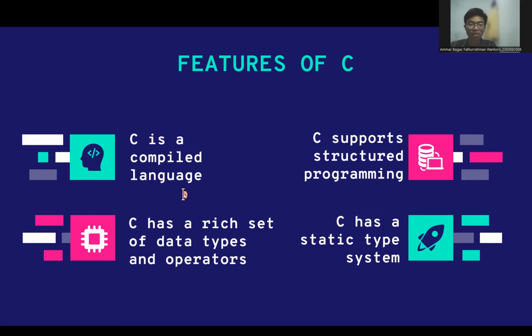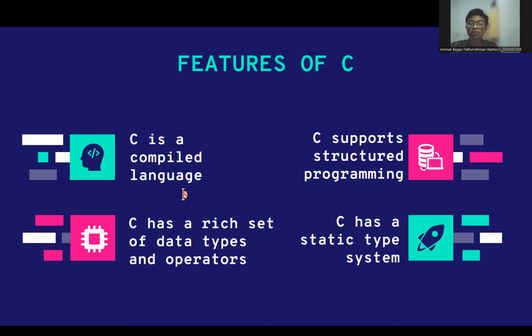Next, C has a rich set of data types, including integers, floating point numbers, characters, strings, and pointers. This allows C programs to represent a wide variety of data. C supports structured programming, which allows for the use of functions, loops, and conditional statements.